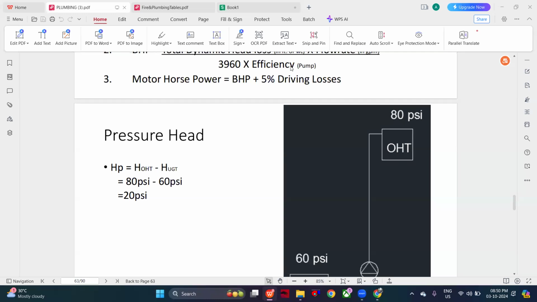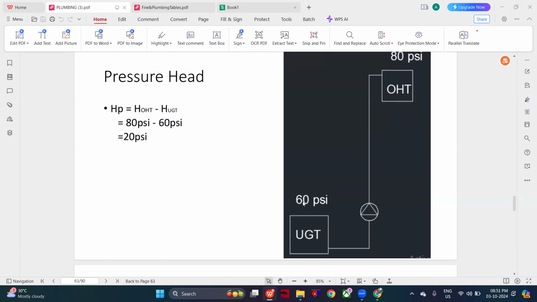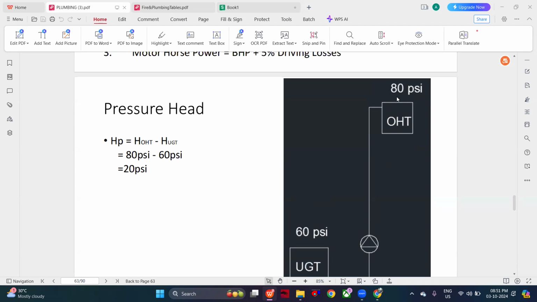Because sprinklers, hydrants, everything demands pressure. They need a minimum pressure for their work. That's why I have to find out the pressure head. Normally here, they took as an example UGT at 60 psi and OHT at 80 psi, so you have to subtract: HOHT minus HUGT equals pressure head. Actually, there is no need of this one. Pressure head is obviously 0 for a transfer pump, because our overhead tank doesn't demand any kind of pressure.